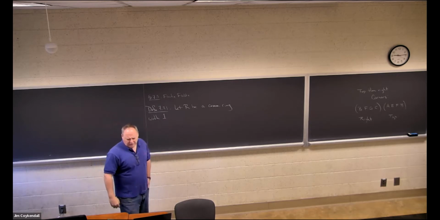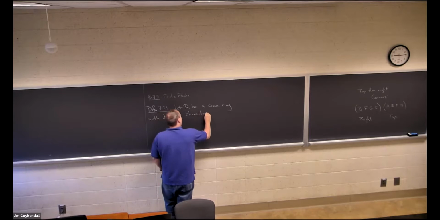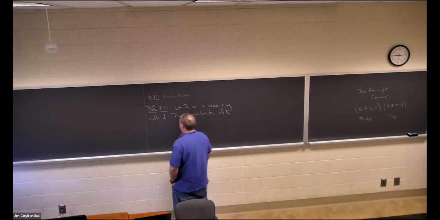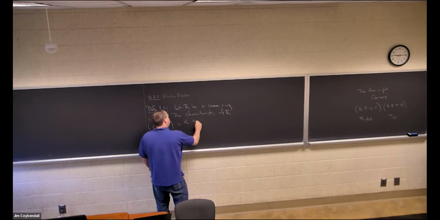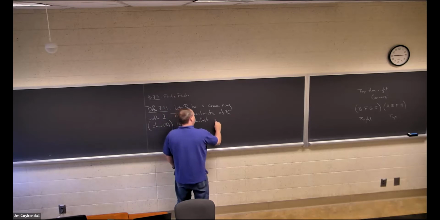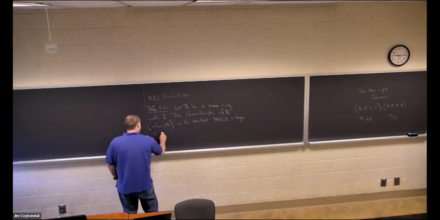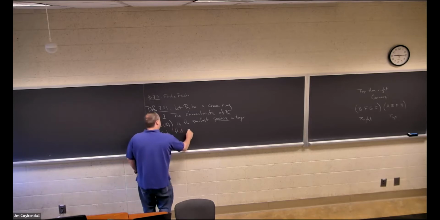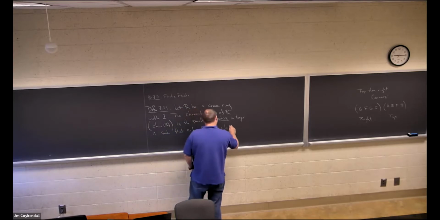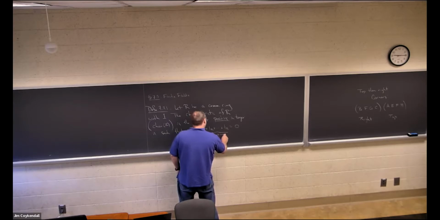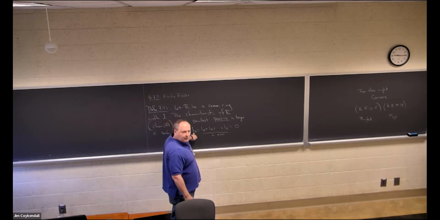So suppose R is more generally a commutative ring with one. The characteristic of R is the smallest positive integer n such that when you add the identity of the ring to itself n times, you get 0.